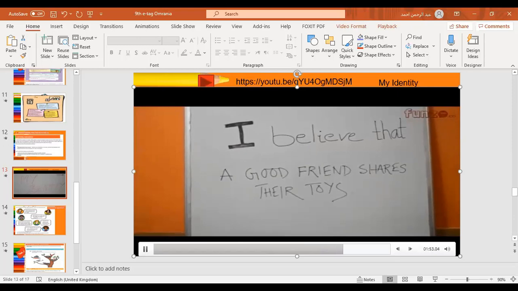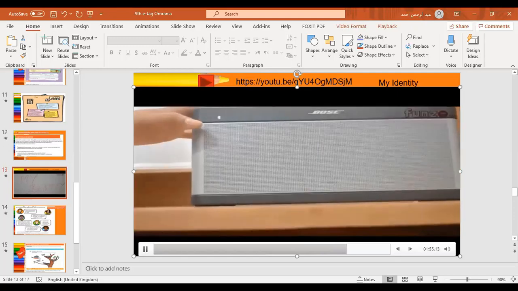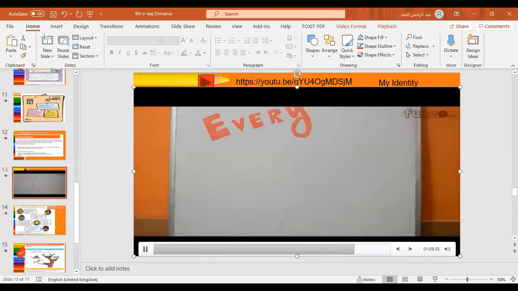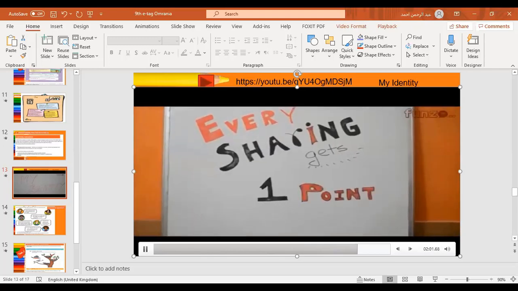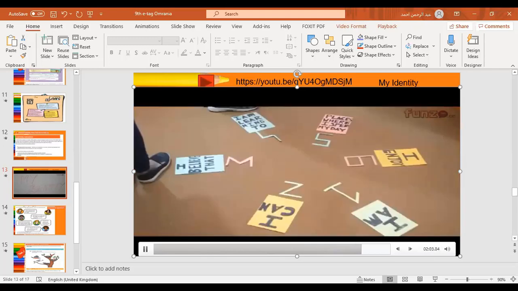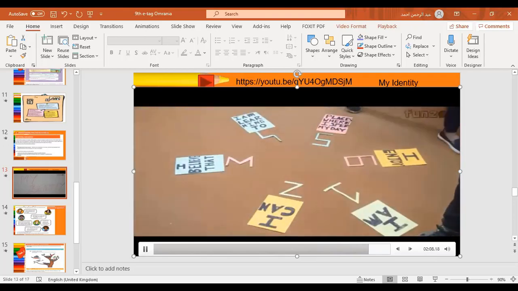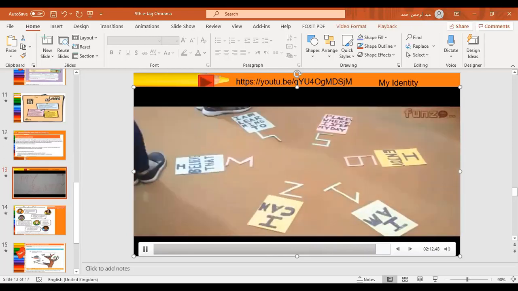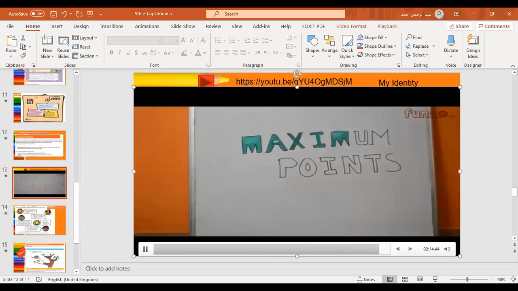When player A is done sharing, the music starts again and round 2 begins. For every unique sharing, a participant gets 1 point. Do not repeat what others have already said. You can keep playing until every participant has had a chance to share about every card at least once. The participant with the highest points wins the activity.